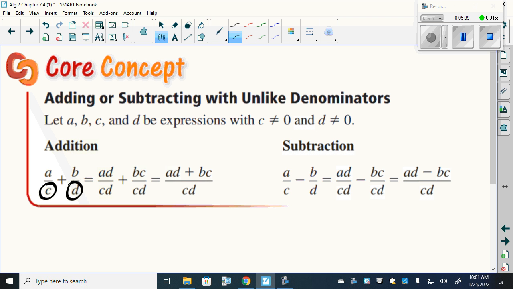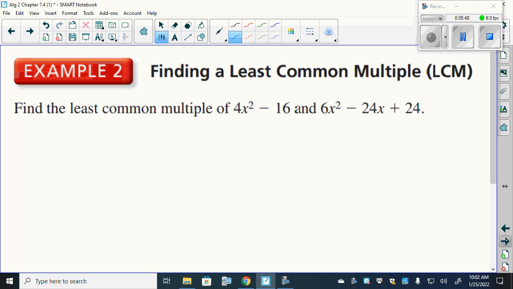And really what we'll be using is the LCM. If y'all remember back to LCM, it is our least common multiple. The least common multiple is the smallest term or number or expression that we can make these two be.